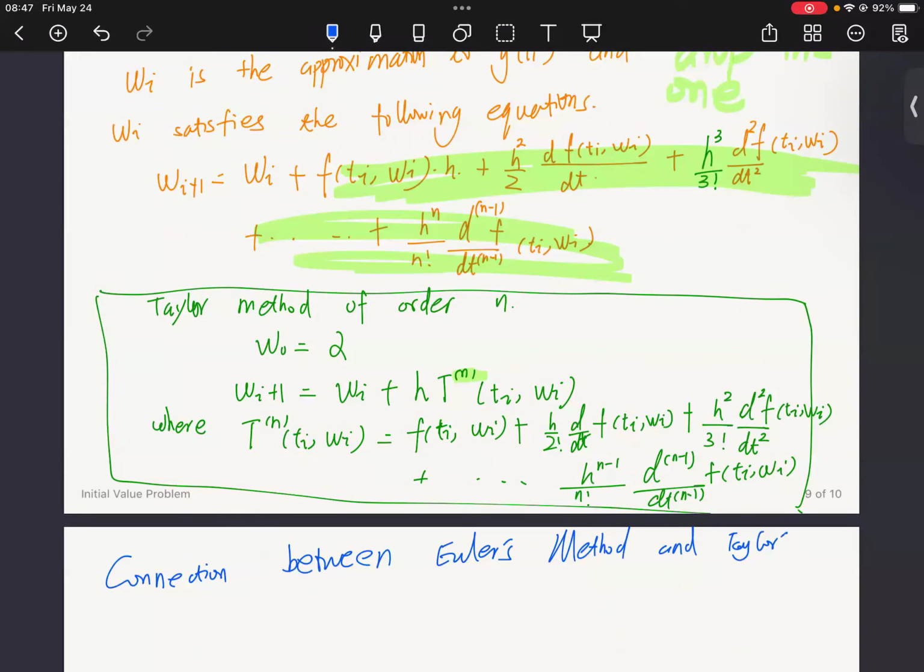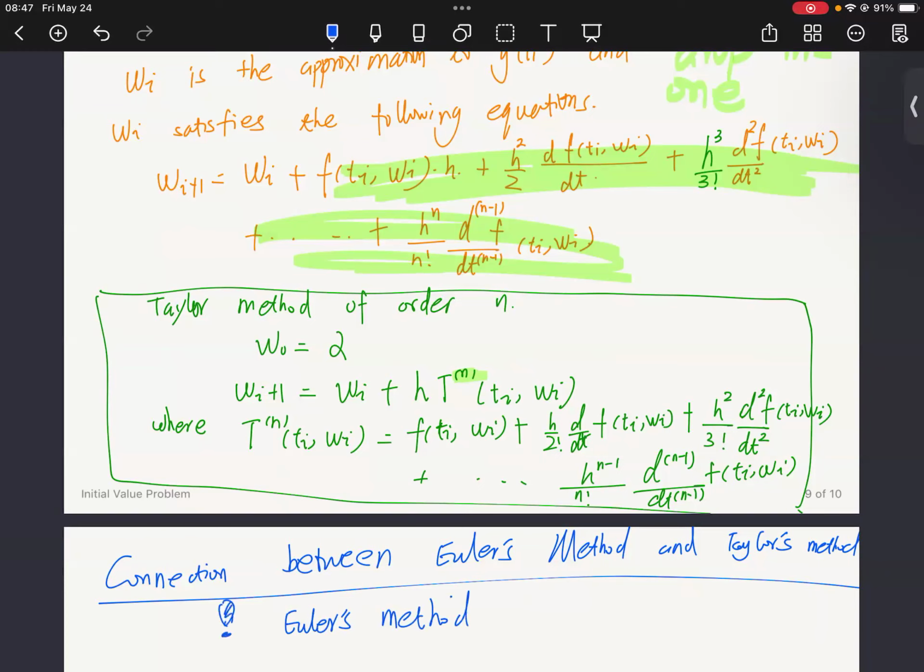As you can see in the derivation, Taylor's method does the expansion up to the nth order term, while Euler's method just goes up to the first order term. The connection is that Euler's method is actually a Taylor method.